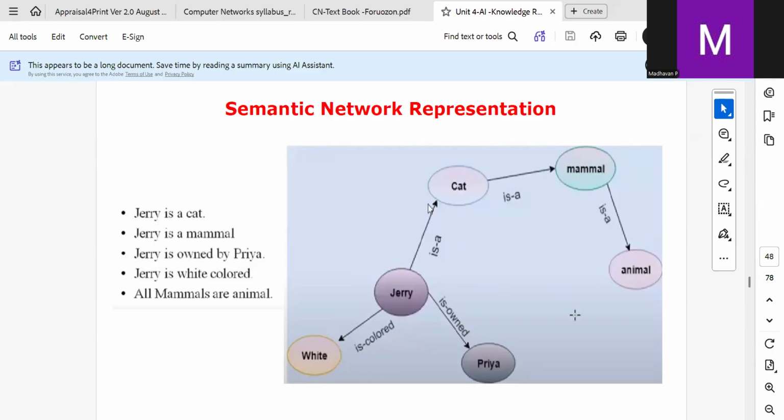So by looking at this diagram, you can see how we capture data, and how internally this data gets stored.